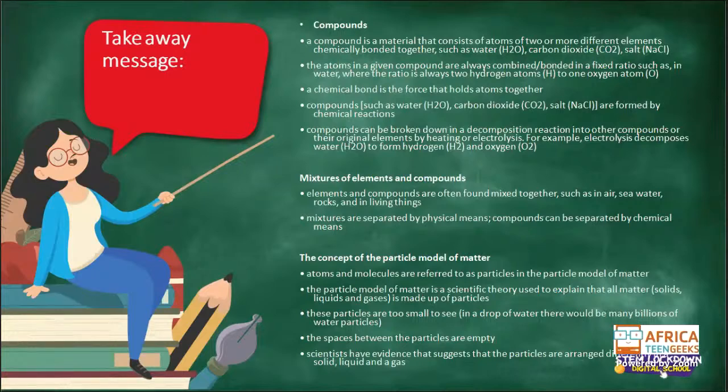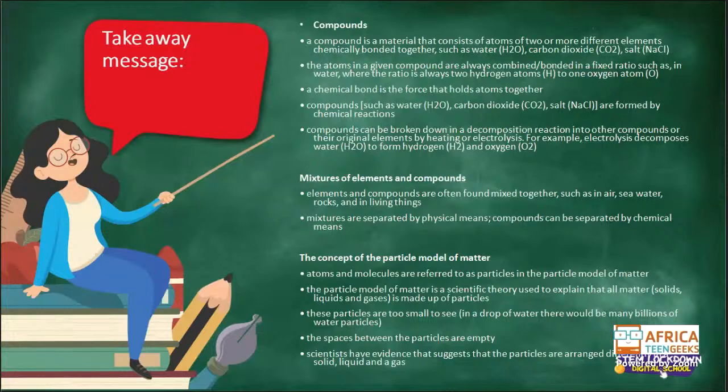So water is an example, carbon dioxide and sodium chloride. We also said the atoms in a given compound are always combined in a fixed ratio. An example is in water, in which the ratio is 2:1.